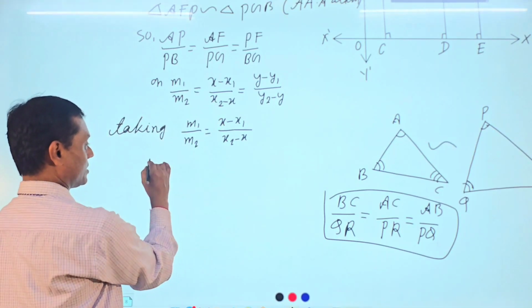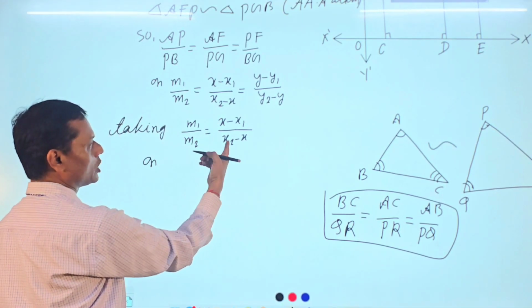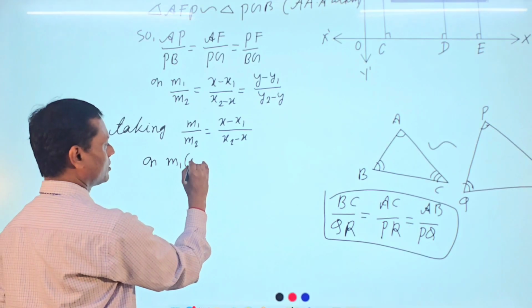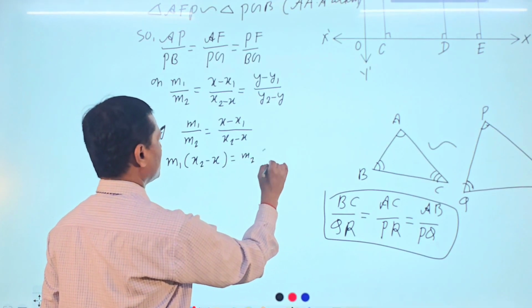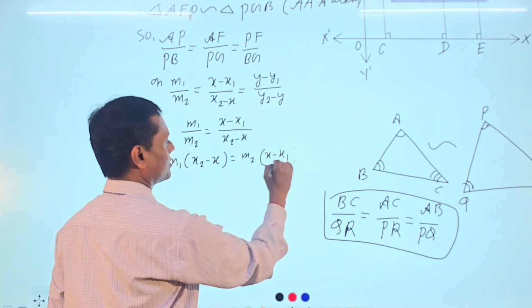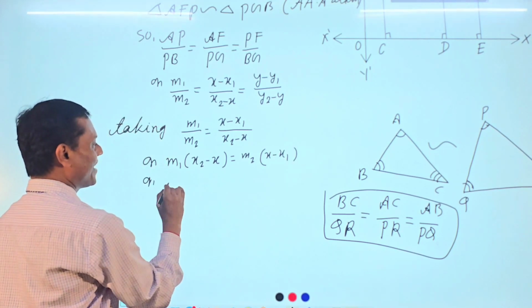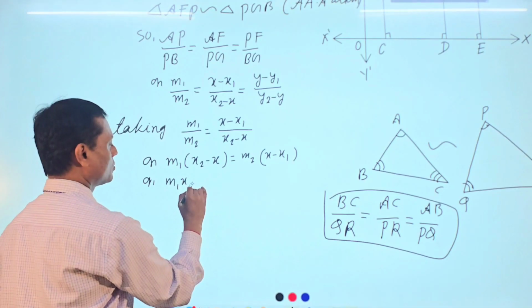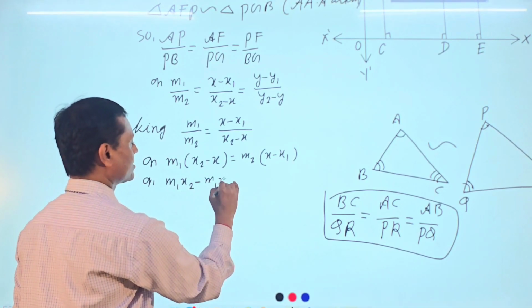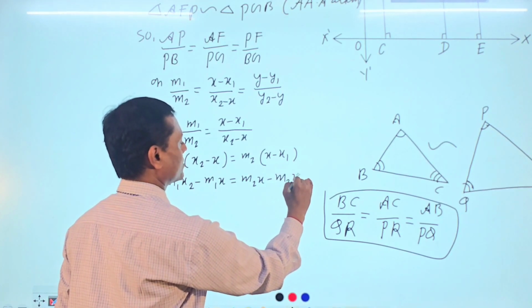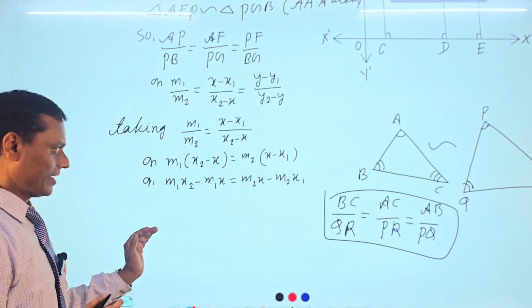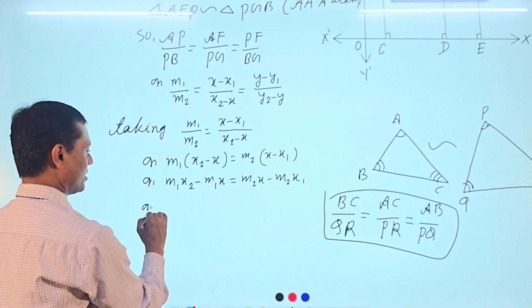Do the cross multiplication: M1 times (X2 minus X) equals M2 times (X minus X1). Just open the bracket: M1X2 minus M1X equals M2X minus M2X1. Can you write or not? Yeah, of course you can write.